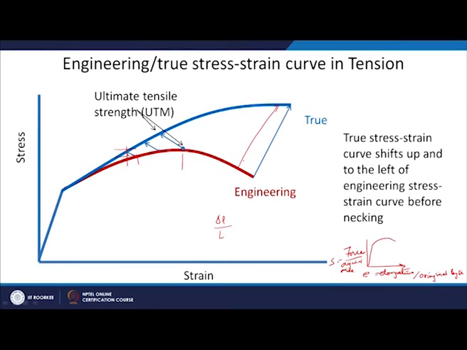But after necking, it will be non-uniform deformation. So, you will take the area of the neck region and the length where the necking is taking place, and that is why my true strain values are now more than the engineering strain values, because my length has reduced quite a lot.